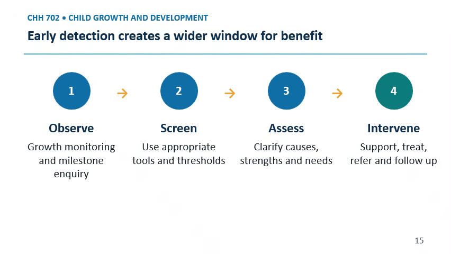A screening program without a functioning referral and follow-up pathway may create anxiety without benefit. Public health planning must therefore strengthen the entire pathway from observation to intervention and not simply increase the number of children screened on the field.